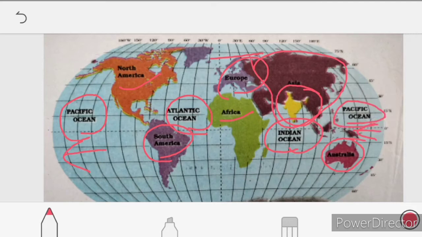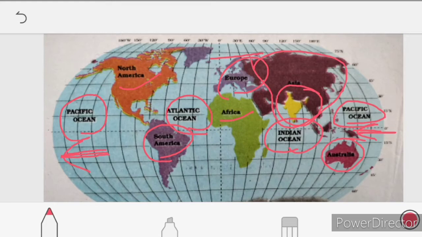Here is also the Pacific Ocean. When we move from here, then we come here, because the earth is round. The shape of the earth is spherical, so when we go there, then we come here. So the Pacific Ocean is found on both sides of the given map.